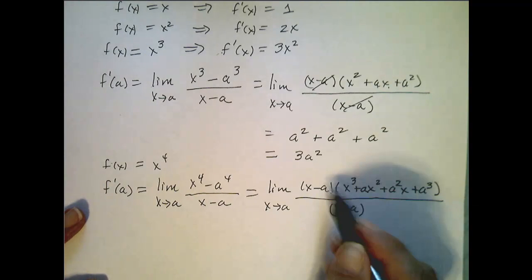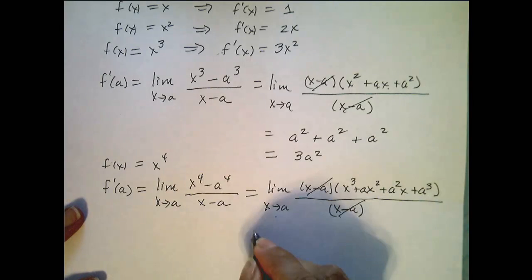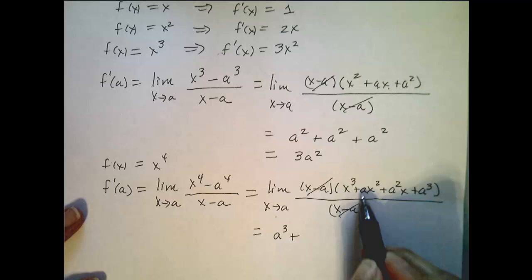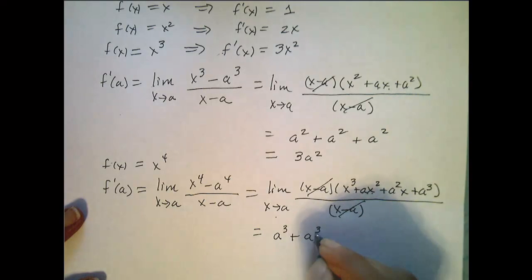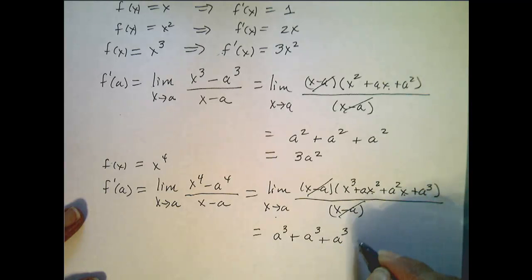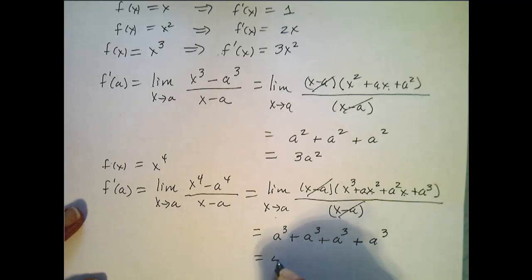And guess what cancels? The x minus a's. And I'm ready for direct substitution, so I get a to the third plus a times a squared, another a to the third, plus a squared times a, another a to the third, plus a to the third, or 4a cubed.